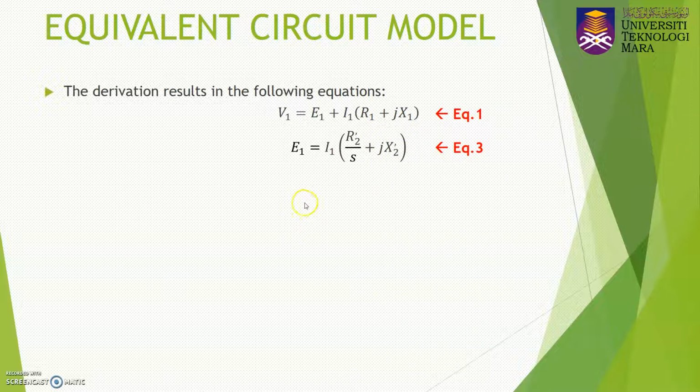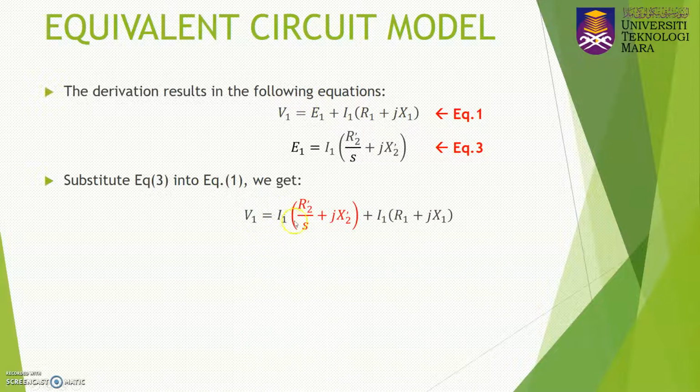Based on these two equations, we can substitute equation 3 into equation 1, replacing E1. So V1 will be equal to I1 multiplied by R2 prime divided by S plus JX2 prime, which is the E1, plus I1 multiplied by R1 plus JX1.